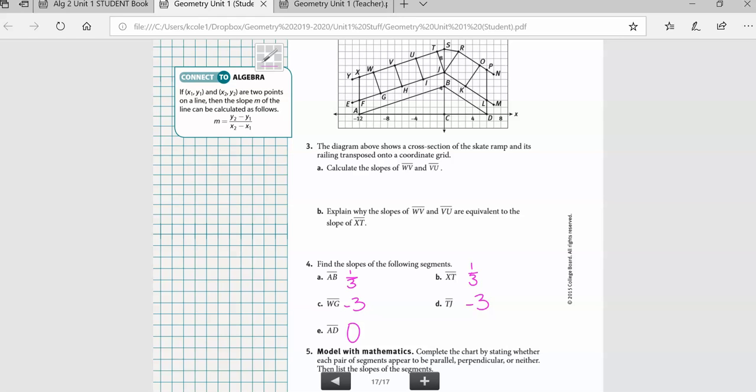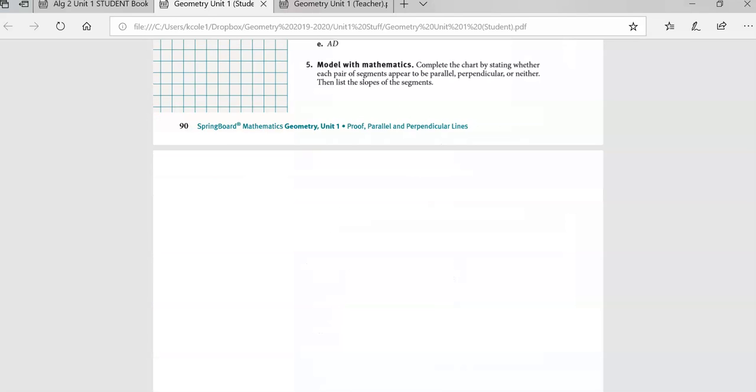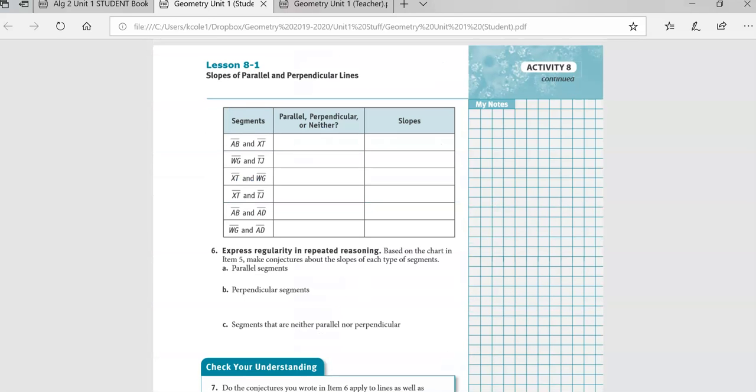All right, so we're going to look at the table on the next page. So over to that next page, and they're wanting you to fill that chart in with pairs that are either parallel or perpendicular. So again, pause the video so that you can fill that in.